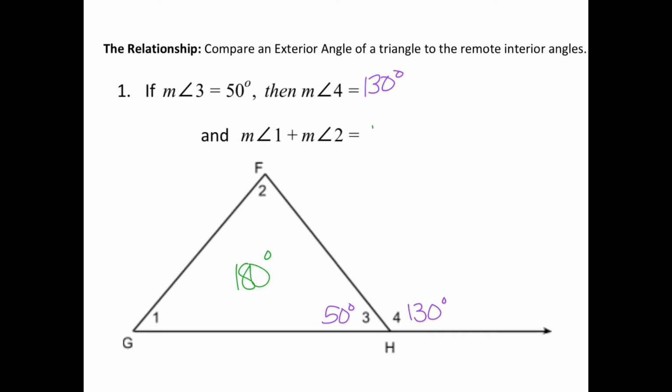So the sum of those two angles also has to be 130, the same as that exterior angle, because they're finishing off the 180 degrees inside the triangle. So angle 4 is finishing off the 180 degrees from the linear pair, but the sum, if I add together angle 1 and angle 2, that's finishing off the 180 from the triangle angle sum theorem, which is that there's 180 degrees inside of a triangle.